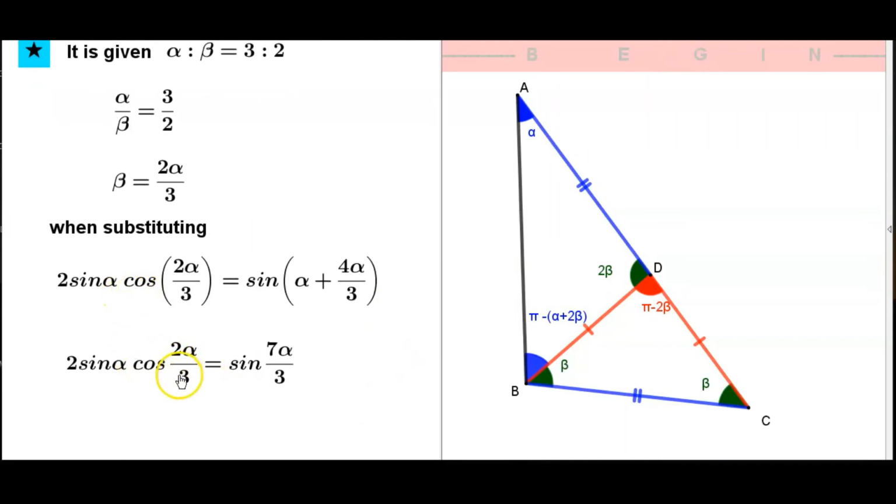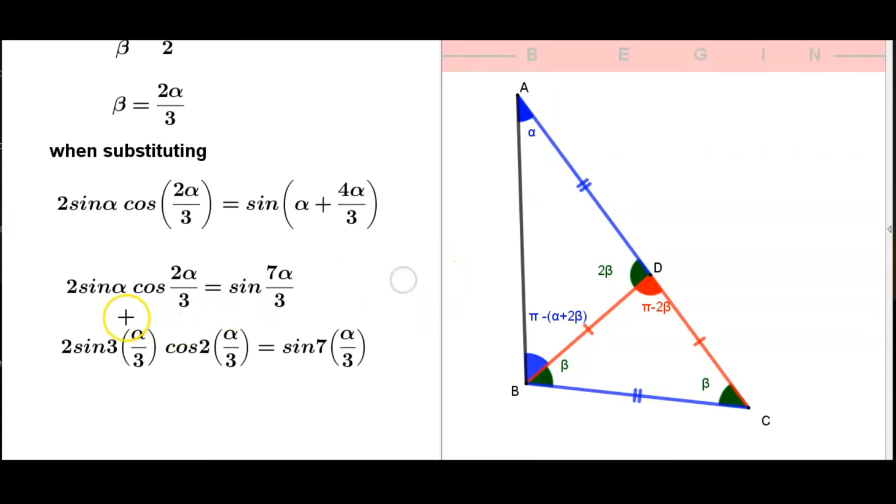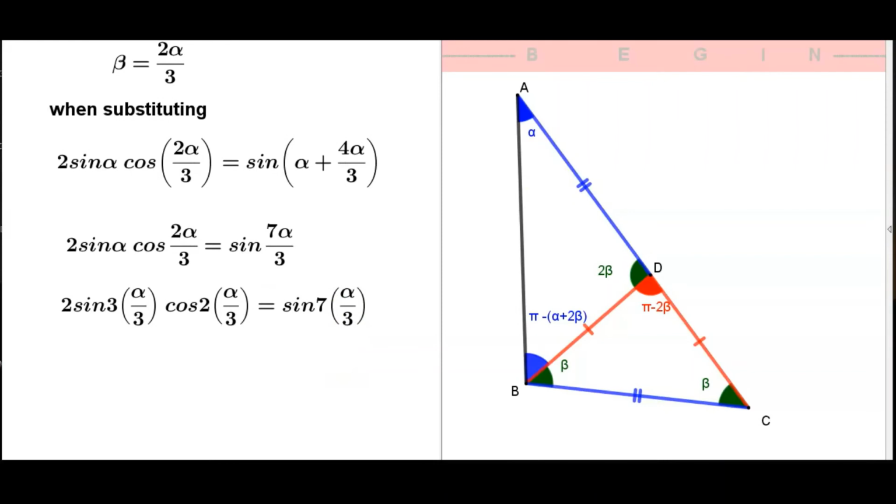2 sine alpha into cos of 2 alpha by 3 is equal to sine of (3 alpha plus 4 alpha) over 3, that is 7 alpha by 3. This one is 2 sine of 3 into alpha by 3, into cos of 2 into alpha by 3, is equal to sine of 7 into alpha by 3.